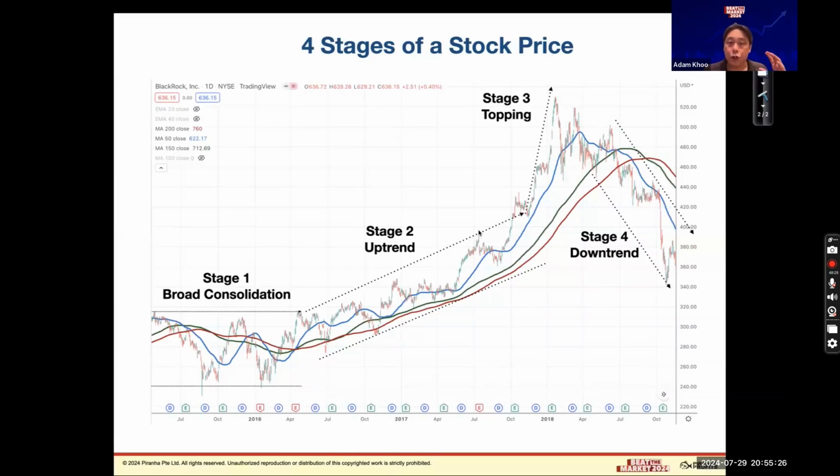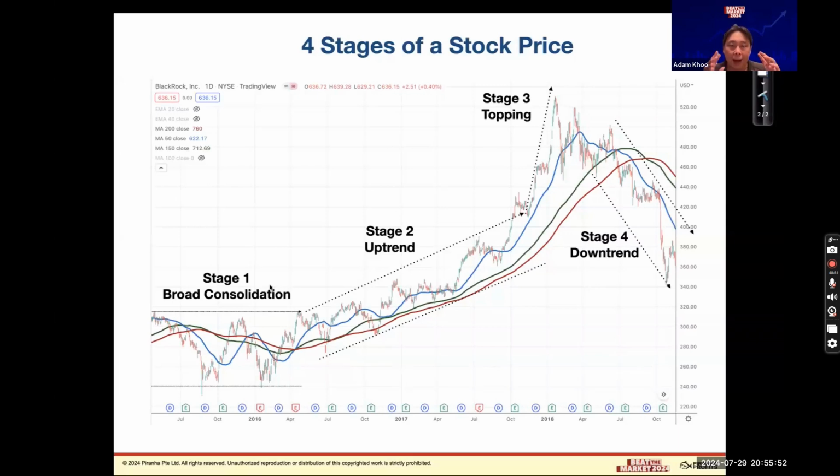You could have a stage 2 uptrend that goes straight into a stage 4 downtrend without going through stage 3. And sometimes a stage 4 downtrend goes into a stage 2 uptrend without going through a stage 1 broad consolidation. They don't have to be in this sequence.